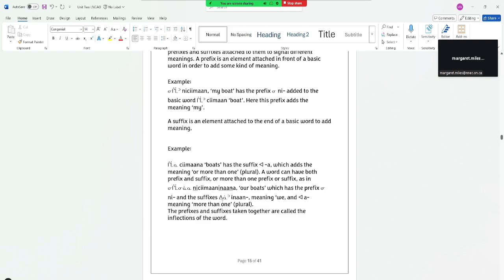Nijimanana, our boats. So ni, our, jiman, boat, inan, we, more than one. So the prefixes and suffixes taken together are called the inflections of the word.